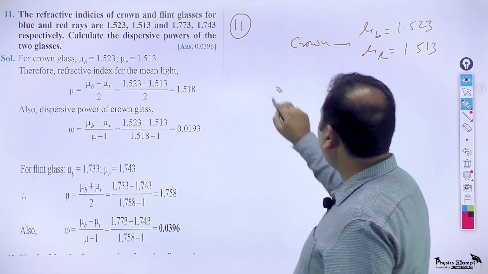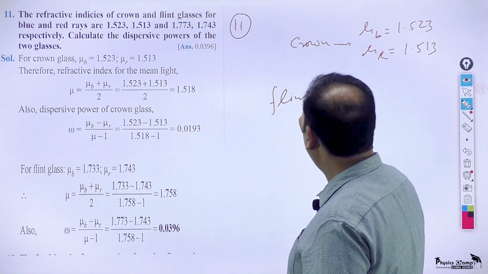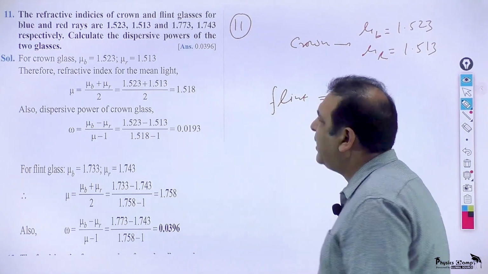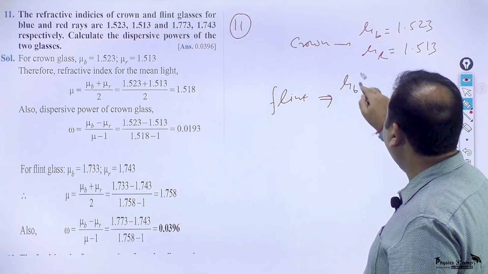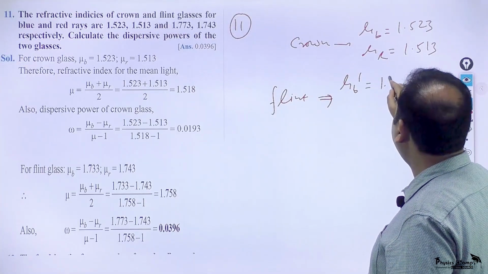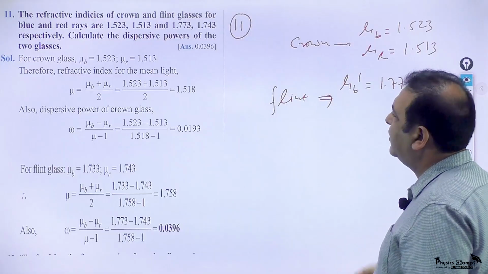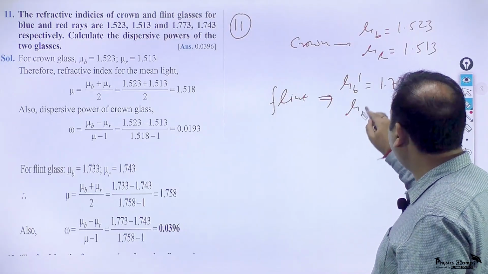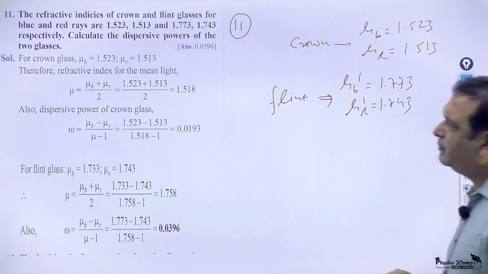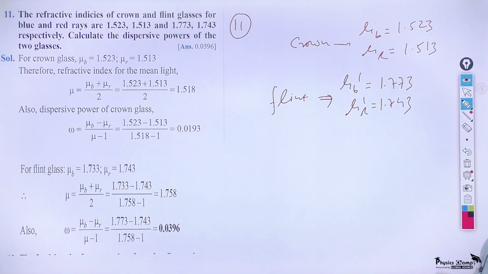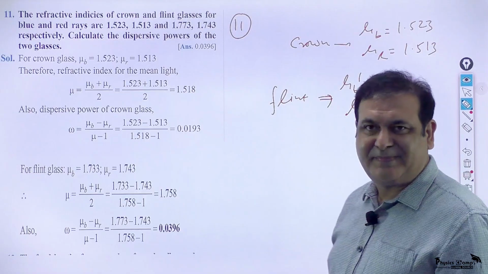Similarly, for flint glass, which is optically denser, the refractive index for blue color is 1.773 and for red color is 1.743. Calculate the dispersive power of the two glasses.